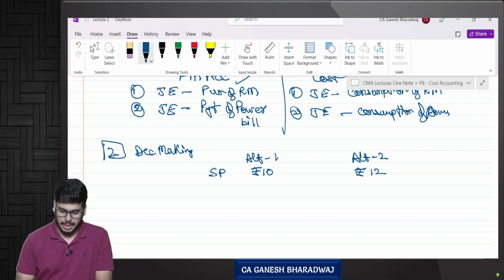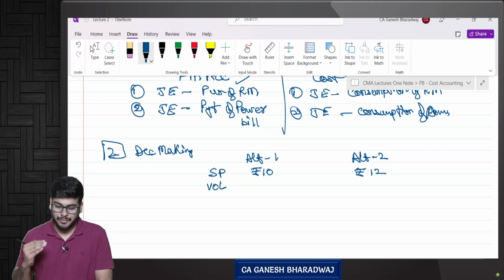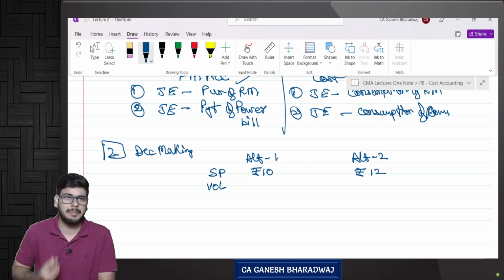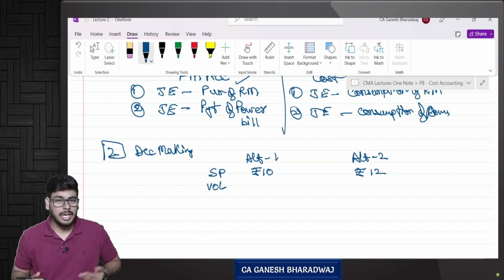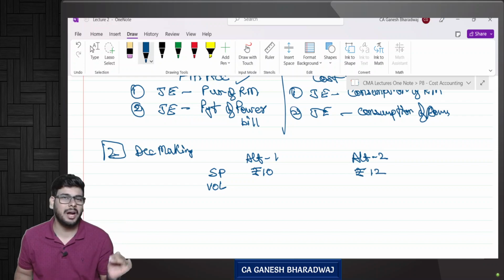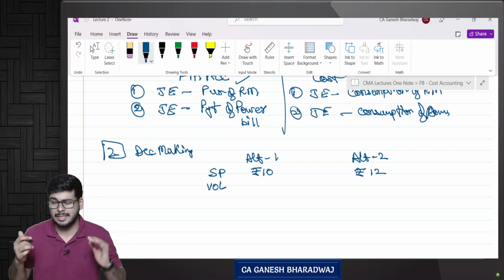And another set of people are telling the board of directors, you fix your selling price as 12 rupees. Now, we all know that when you fix your selling price lower, you will be able to sell more, because your product is relatively cheaper. More people will come and buy. Correct? If you fix your selling price higher, then the demand for your product will be lesser. More the price, lesser the demand.